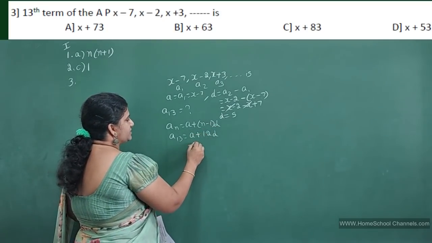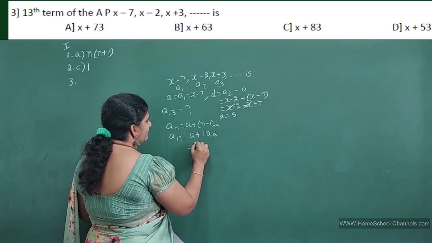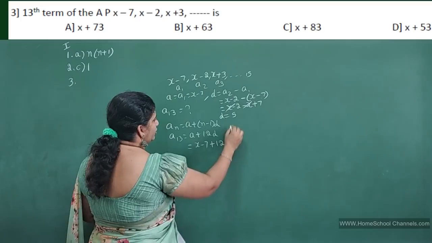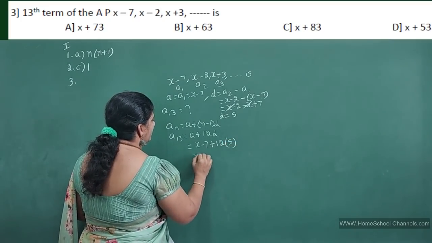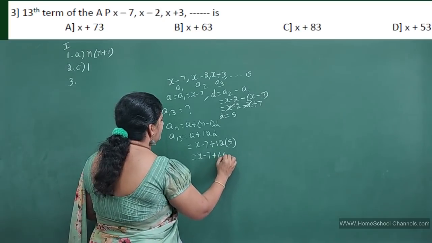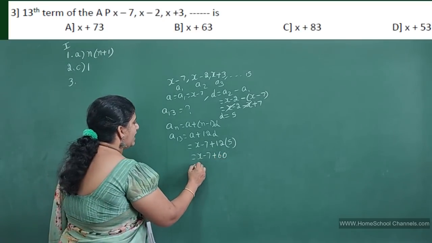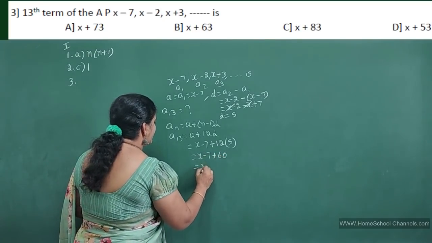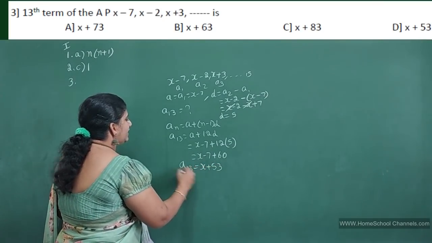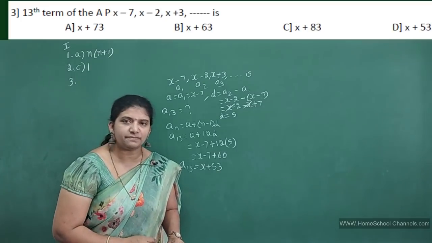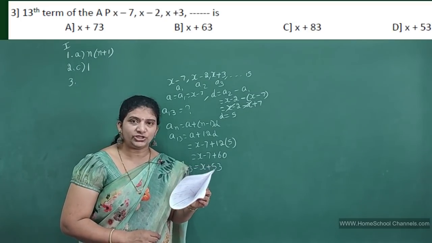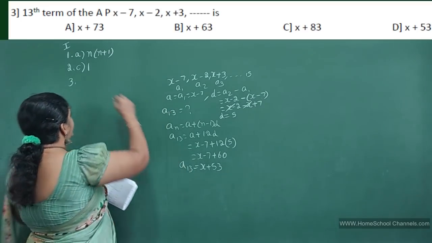Now you can substitute a and d value. A value is x minus 7 plus 12 into d value, 5. X minus 7 plus 12 5s are 60, and 60 minus 7 will be x plus 53. Therefore, 13th term value is x plus 53. Check the answer where you have option D, x plus 53.